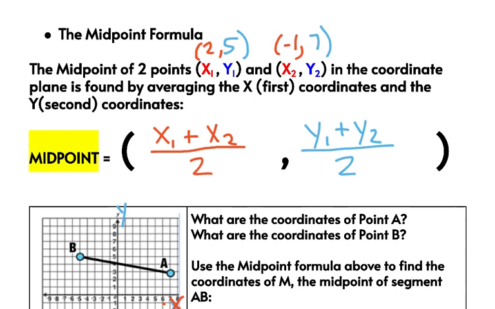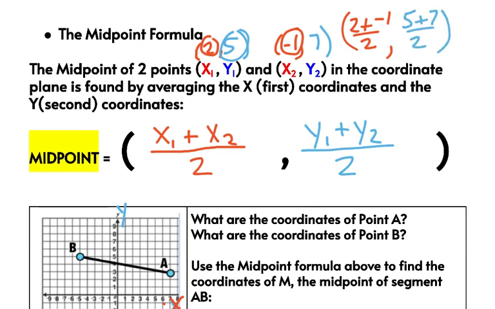So we're basically averaging the x coordinates and averaging the y coordinates. For example, back up here on my fake points, I would say 2 plus -1, and then I divide by 2. And then for the y's, I do 5 plus 7 and divide by 2. And that would land me at the midpoint.